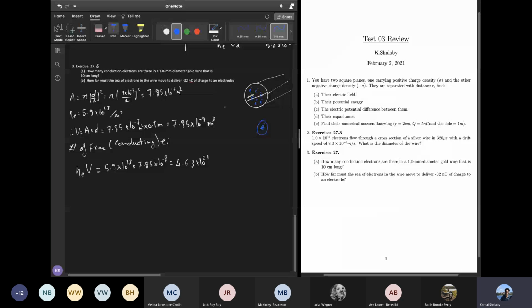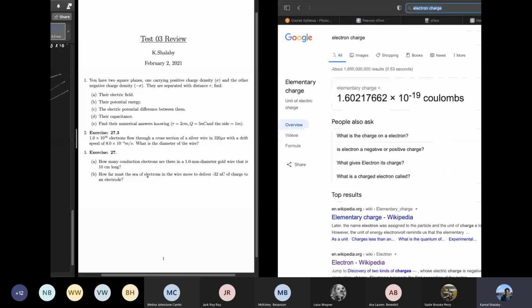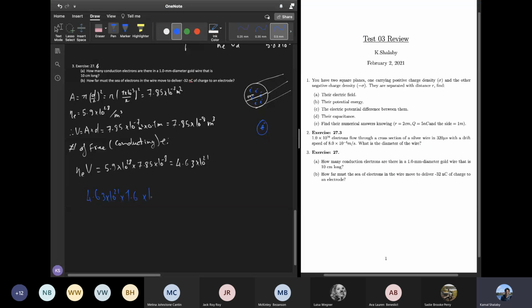So if I have 4.63 times 10 to the power of 21 multiplied by 1.6 times 10 to the power of negative 19, that in itself is equal to 741.4 coulombs. Huh. Why does it say how far?